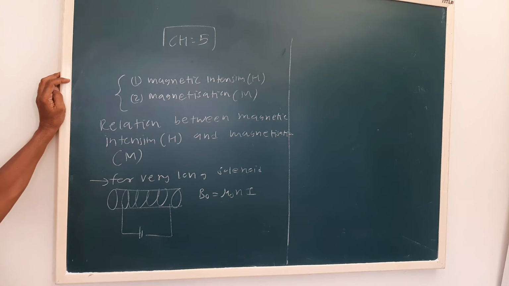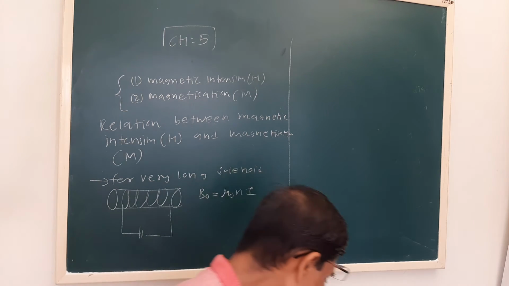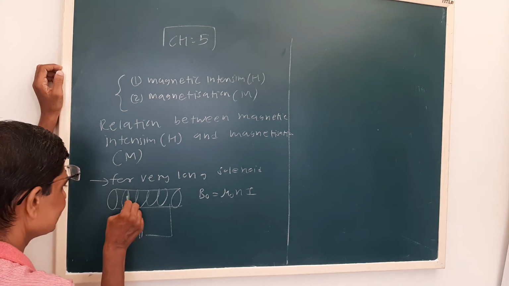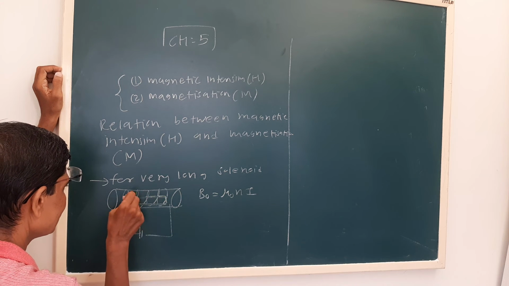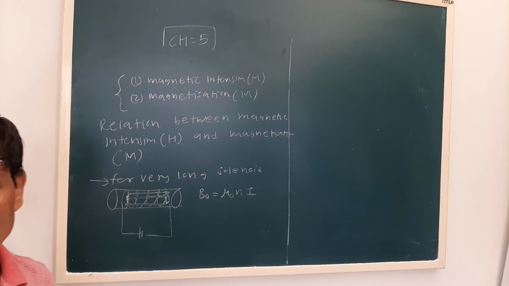Initially air was the medium. Next we place a material whose magnetic property we have to study. Let us say a specimen is placed like this. So what happened?